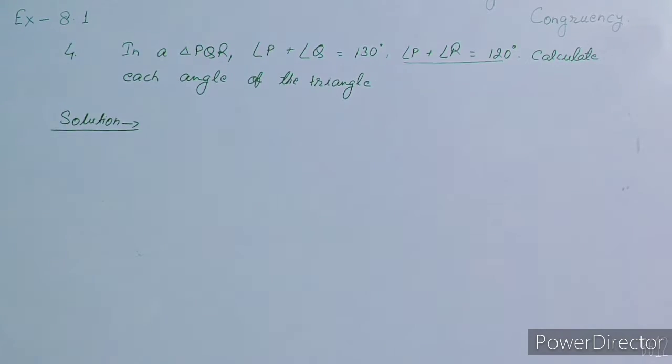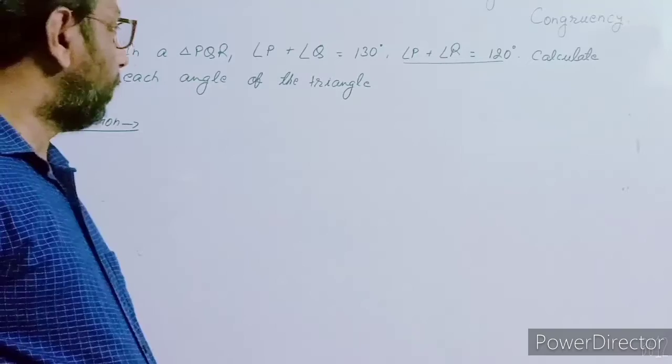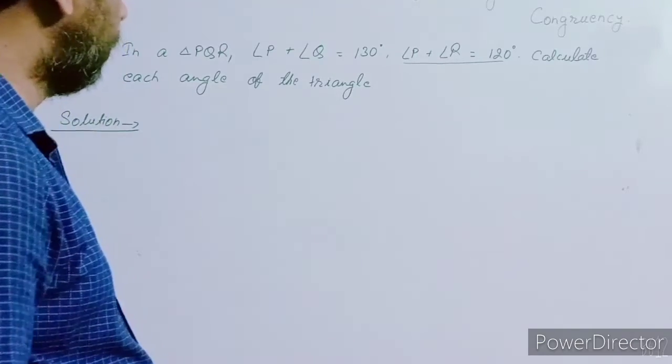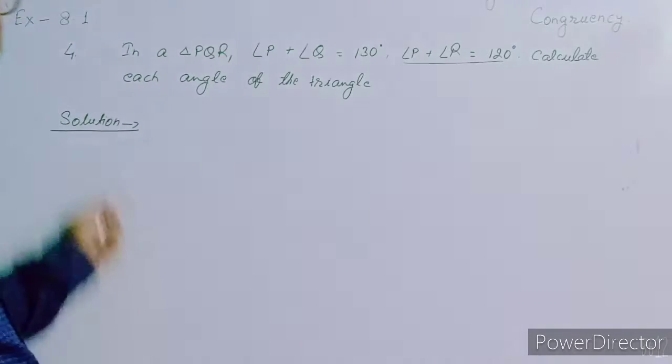In question number 4, in triangle PQR, angle P plus angle Q equal to 130 degree, angle P plus angle R equal to 120 degree. Calculate each angle of the triangle.